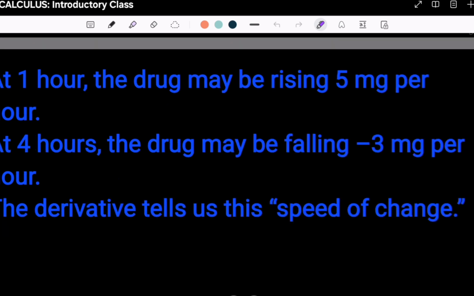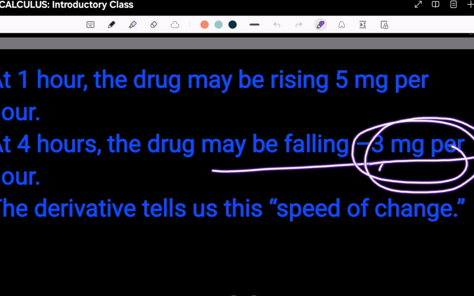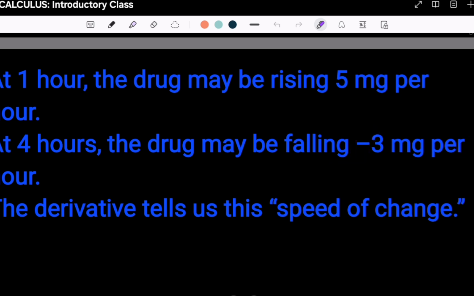In the first hour, when you consume the medicine and it starts to spread in your body, your drug level may be rising 5 milligrams per hour. At 4 hours, the drug level may be falling, at 3 milligrams per hour, meaning that after 4 hours your drug level starts to fall again.